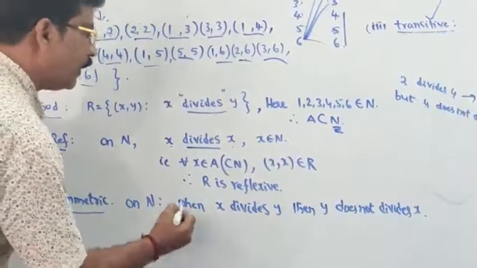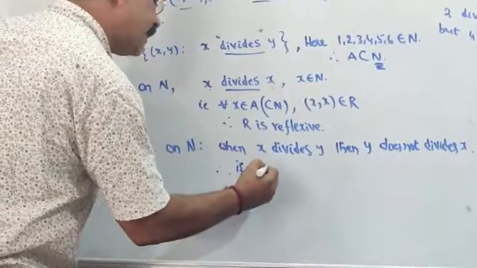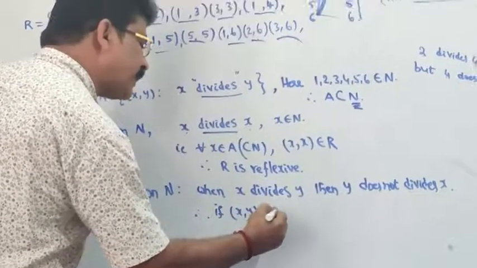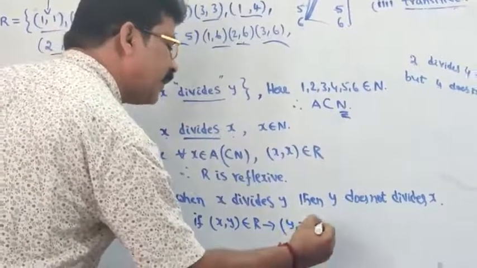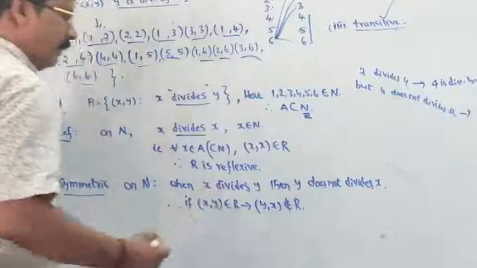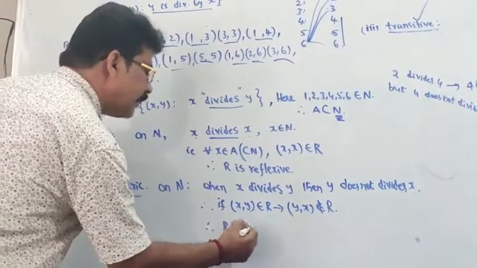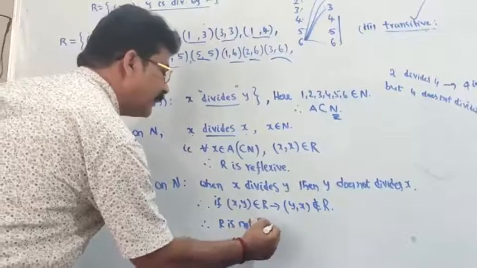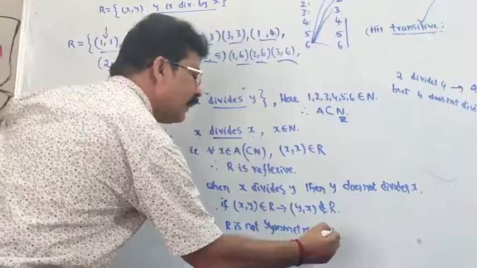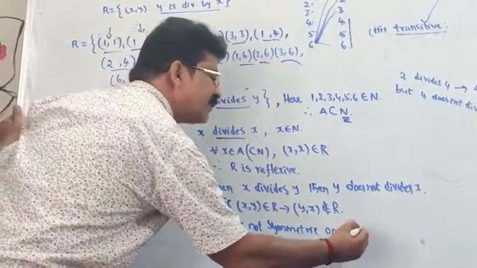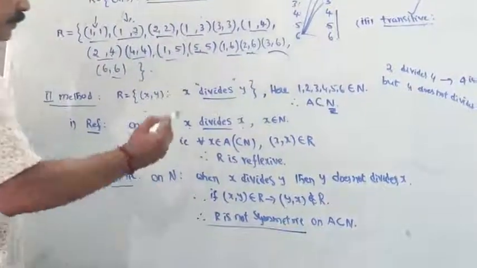Therefore, if (x, y) belongs to capital R, then (y, x) does not belong to capital R. Therefore R is not symmetric on capital A, which is a subset of the natural number set. This is the simple proof.